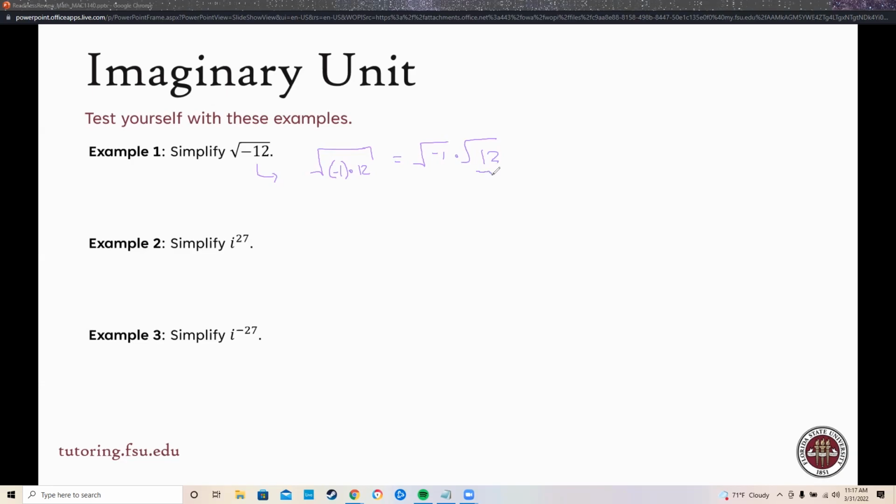And here you could do algebra to simplify this further, because 12 is the same thing as 2 times 6, or 2 times 2 times 3. So we have a pair of 2's that we can take out of the radical and keep the 3 inside. So now this thing turns into 2 root 3 times i. That's how you would simplify something like that.